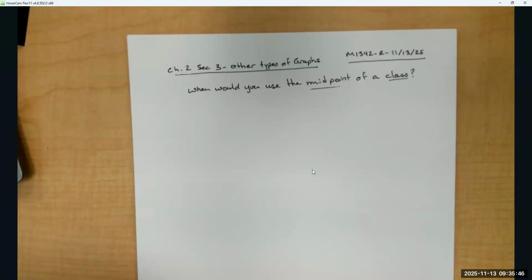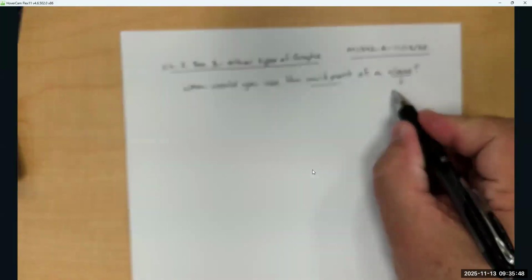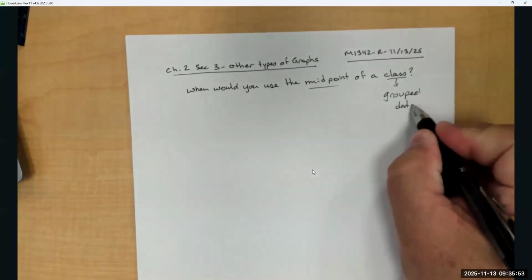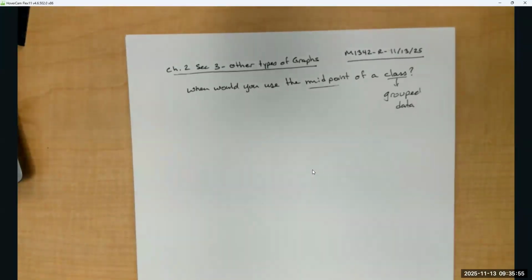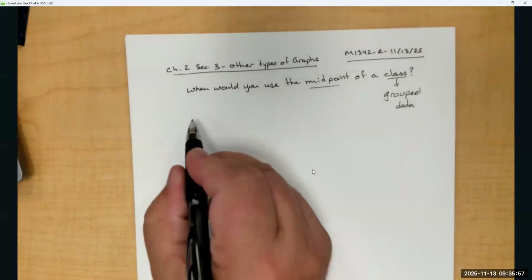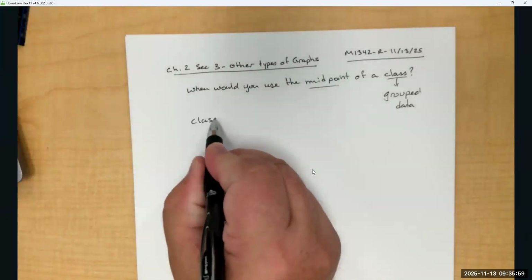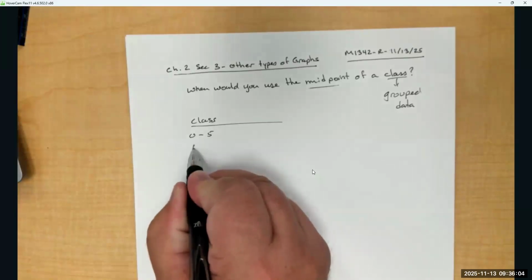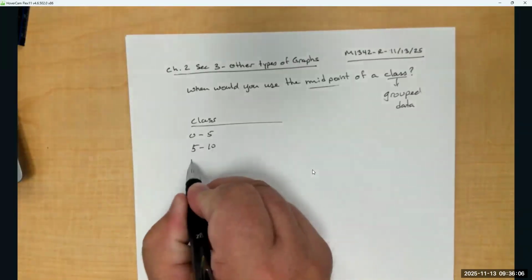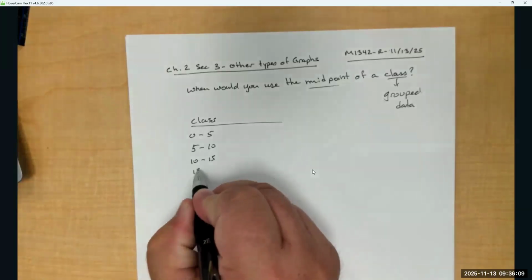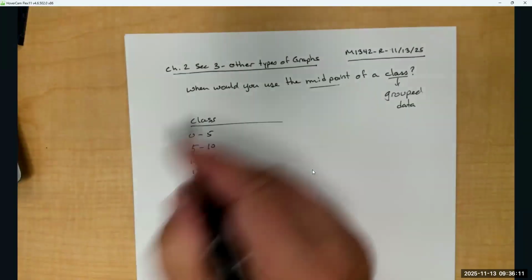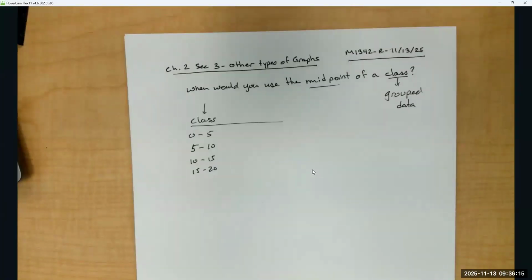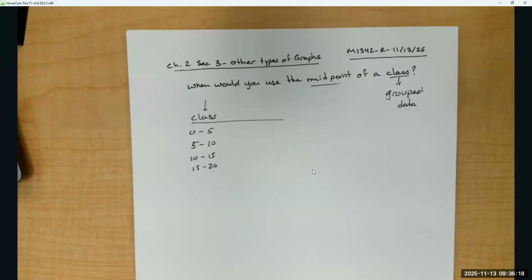That's when you use grouped. Classes are used in grouped data. What do we mean by grouped? When we talk about groups, they're within some sort of interval. These are the classes. They're the intervals where your data will fall.